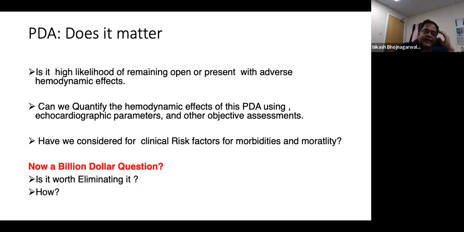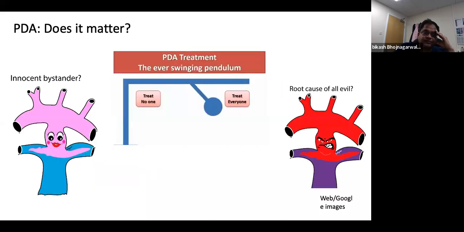These are the day in and out questions which we have ourselves when we do a ductal study and share it with our colleagues. Now, we know that there is variation in PDA treatment practice in different parts of the world, and it has changed over time from being considered an innocent bystander, not to treat anyone, to being the root cause of all evil, and to treat everyone.